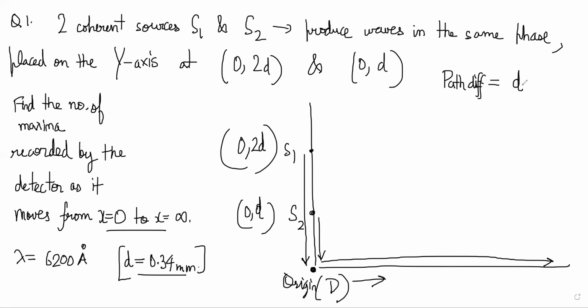So what is the phase difference initially? The phase difference initially would be 2 pi by lambda into d.